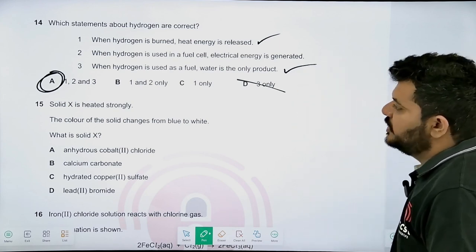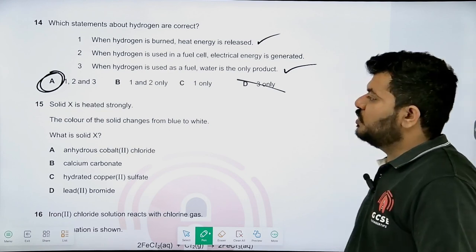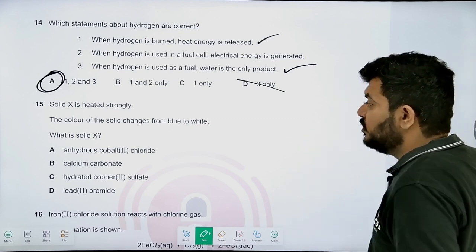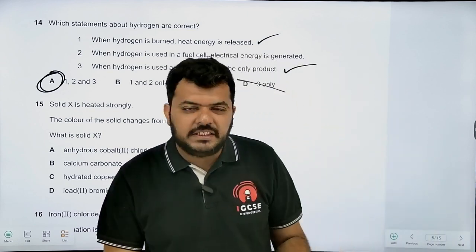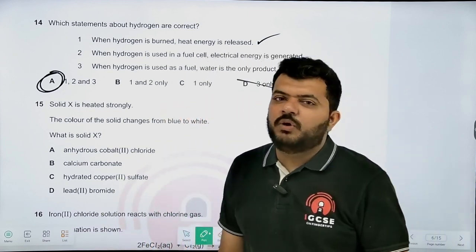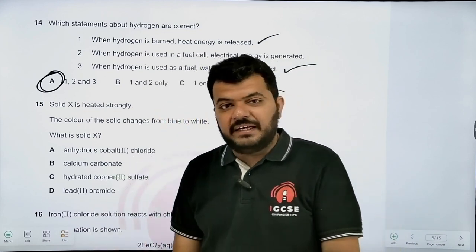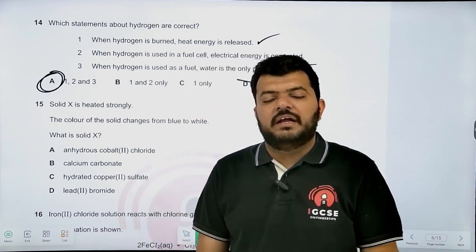Let's go to question 15. Solid X is heated strongly. The color of solid changes from blue to white. What is solid X? We know only two solids that change their color when water is removed. One is copper sulfate. It is blue when hydrated and white when dehydrated or anhydrous.